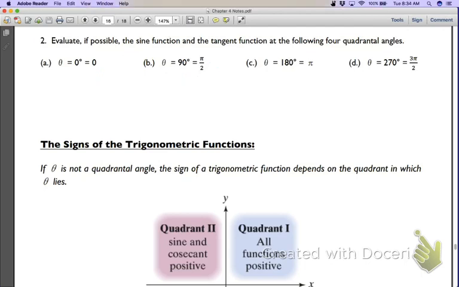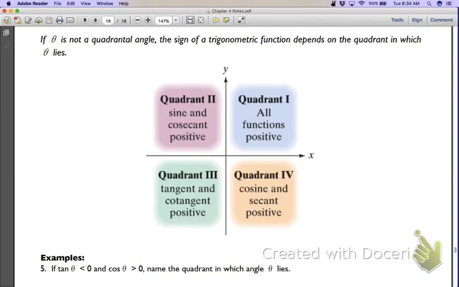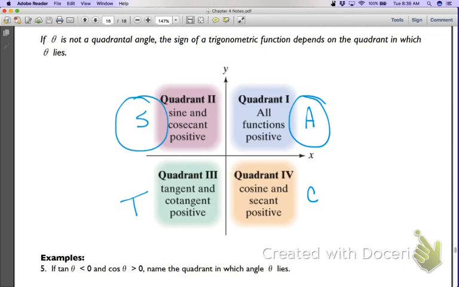I believe the last part where it's the signs of the, we've already talked about this kind of at length. Kind of the acronym here, we have A, all signs, sine positive, tangent positive, cosine positive.